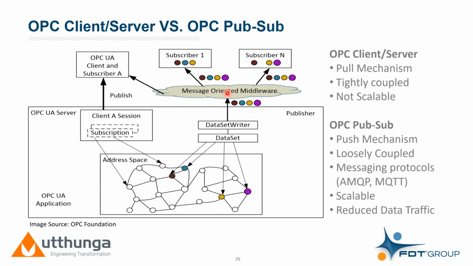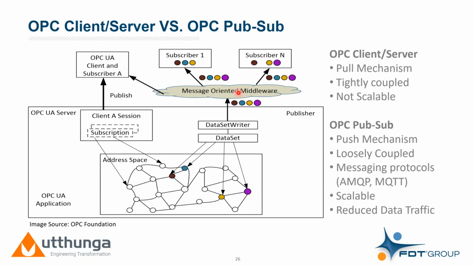It is not that AMQP and MQTT are competing with OPC. OPC actually complements these AMQP and MQTT protocols. In the case of the Pub Sub module, it's not only a message-oriented broker system middleware, it can also be brokerless by using the UDP protocol.